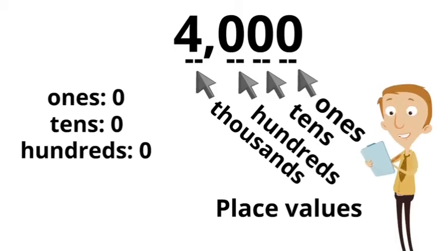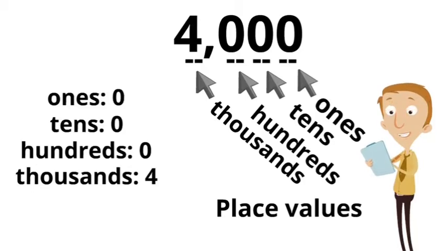Then we have the last one, which is 4 thousands. So the number in the ones column is 0, tens column is 0, hundreds is 0, and thousands is 4.